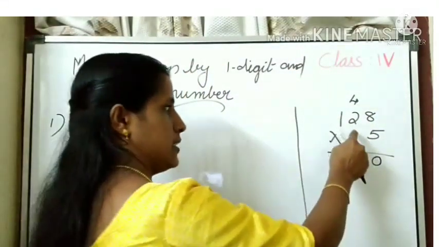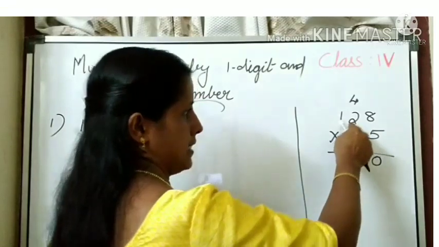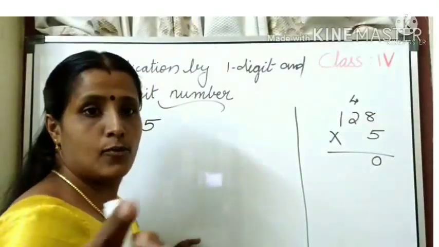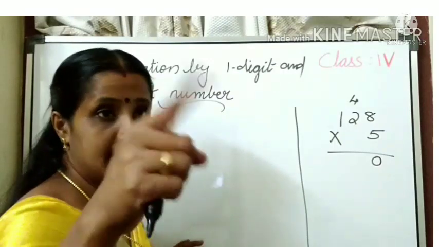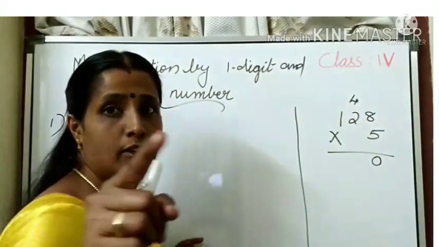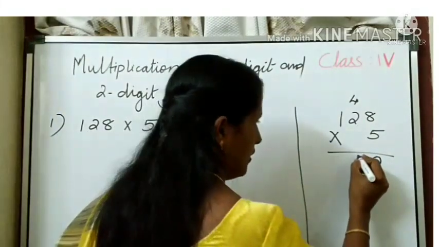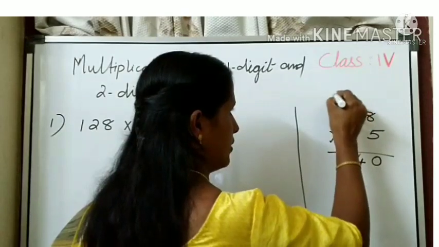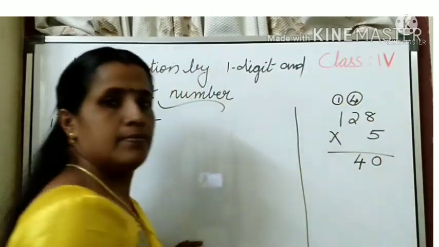So next procedure, multiply with the tens place number. 2 into 5, what is the answer? Yes, 10. The carryover 4. 10 plus 4, 14. So 4 is written here and 1 is written on the 100 place.